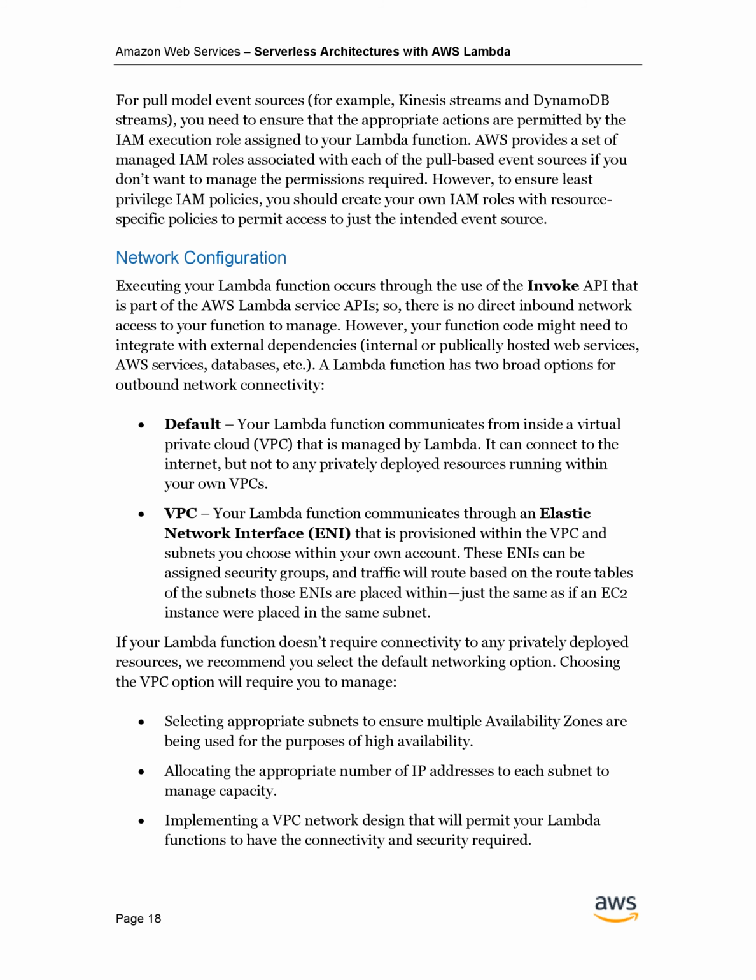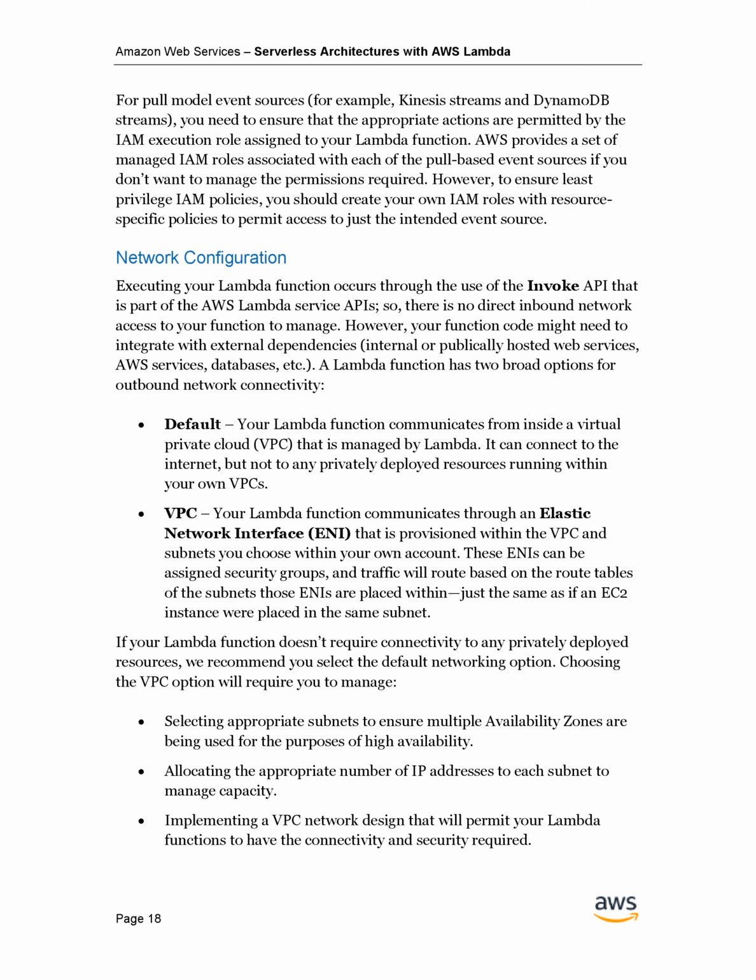AWS provides a set of managed IAM roles associated with each of the pull-based event sources if you don't want to manage the permissions required. However, to ensure least privilege IAM policies, you should create your own IAM roles with resource-specific policies to permit access to just the intended event source.